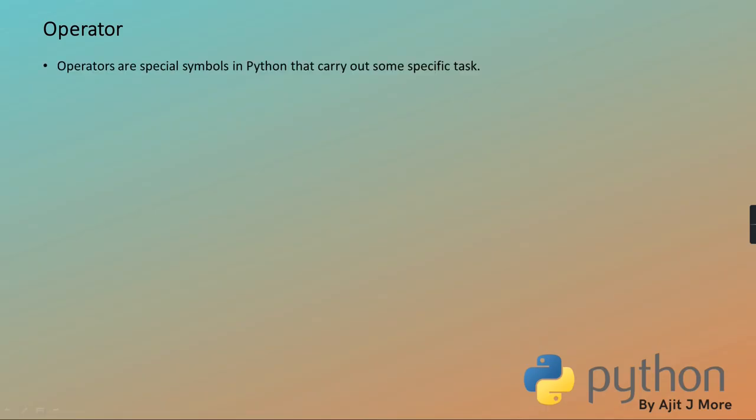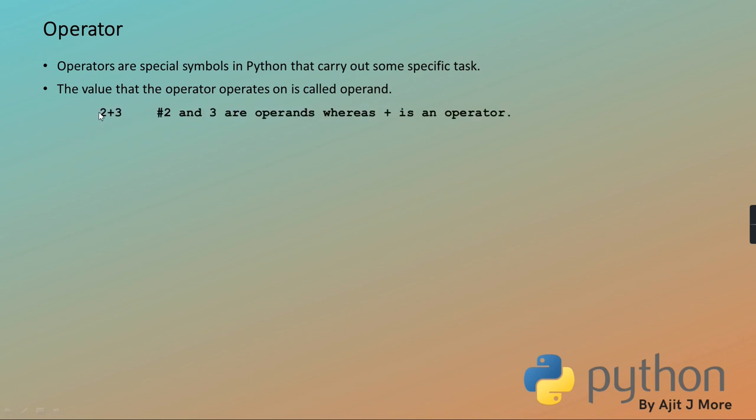Operators are special symbols in Python. They carry out some specific task. The value that the operator operates on is called the operand. Here I have written 2 plus 3. So 2 and 3 are considered operands and plus is considered an operator. At a very elementary level, operands can be literals or variables.